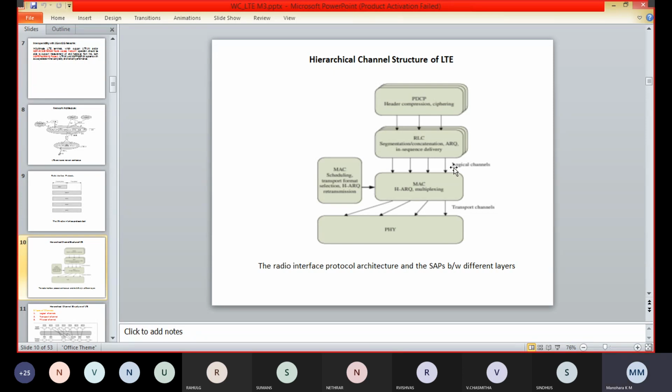So here in the hierarchical channel structure of LTE, each channel is associated with a service access point, that is SAP, between the different layers. These channels are used by the lower layers of the protocol stack to provide services to the higher layers.